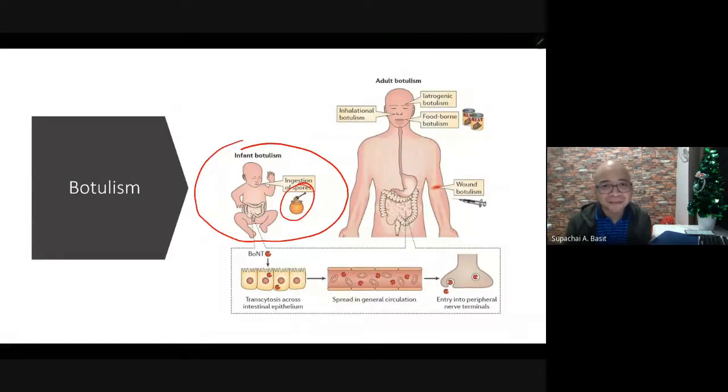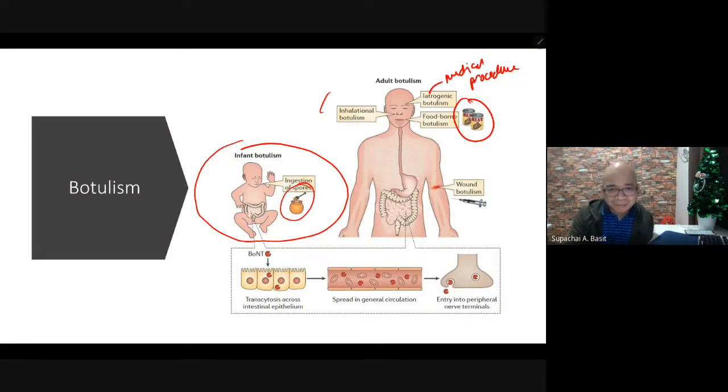For adult botulism, it could be inhalation. Iatrogenic means as a result of medical procedure. Or foodborne, which is usually when we eat canned goods.